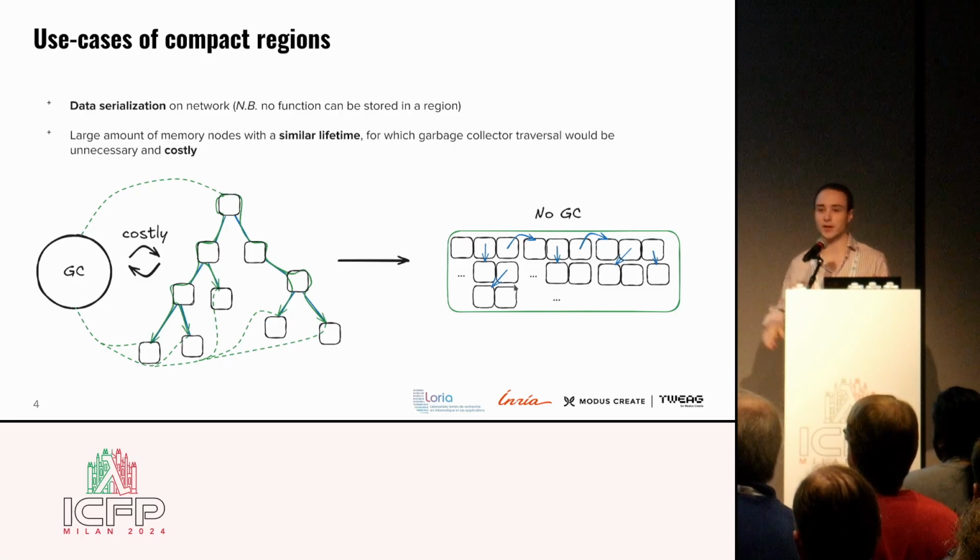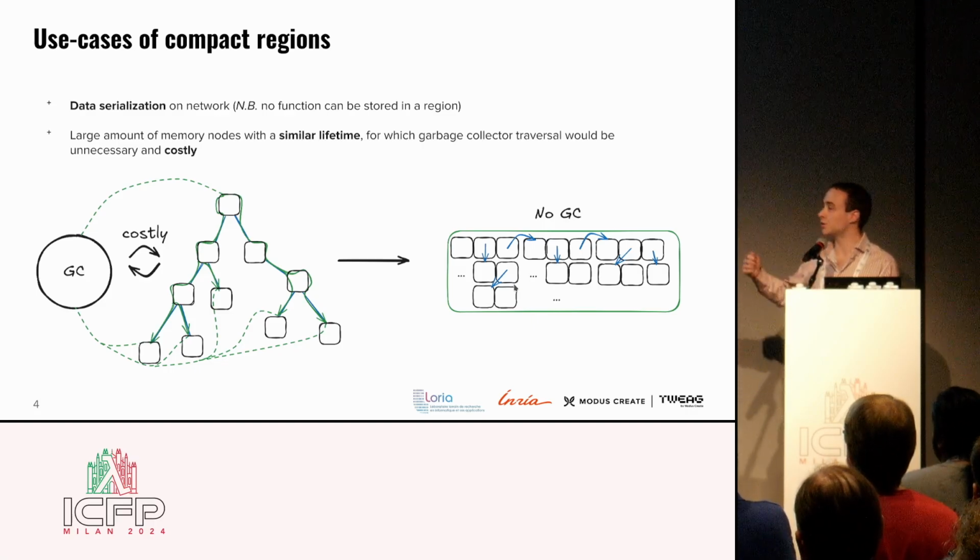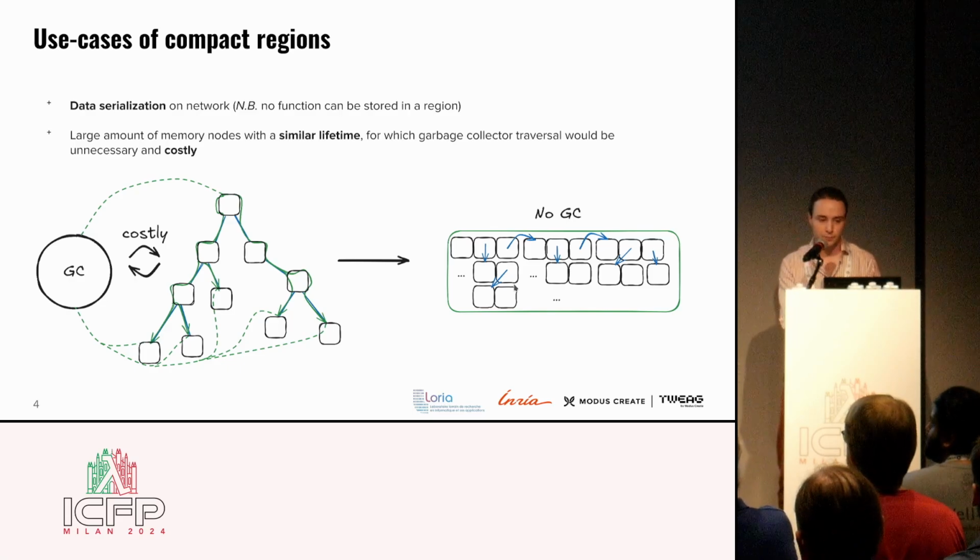And the second one that we will be focusing on in this talk is when you have a large tree, a large data set that will stay in memory for a long time. If you move it to a compact region, you will get a lot of garbage collection saving, because instead of being traversed fully at each collection cycle, it will just not be traversed at all.